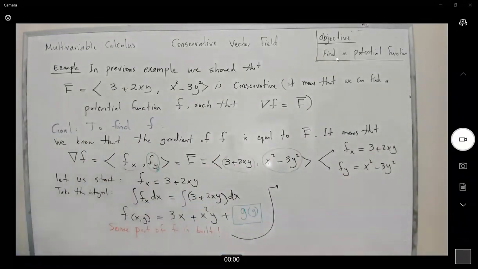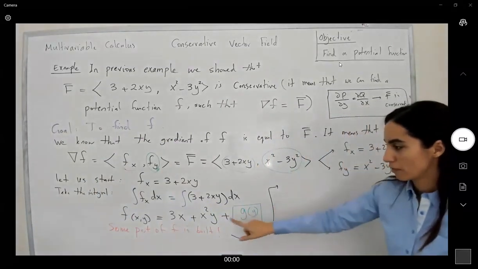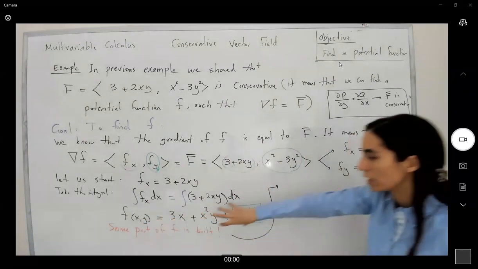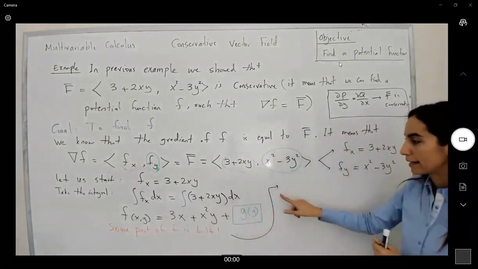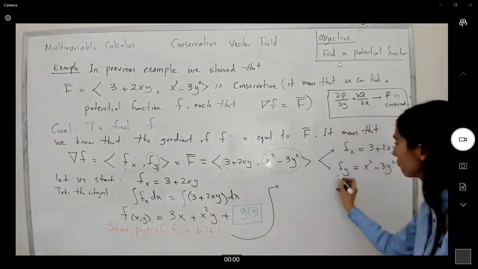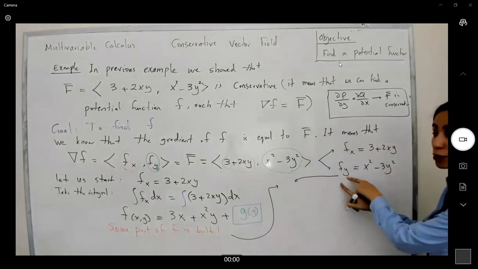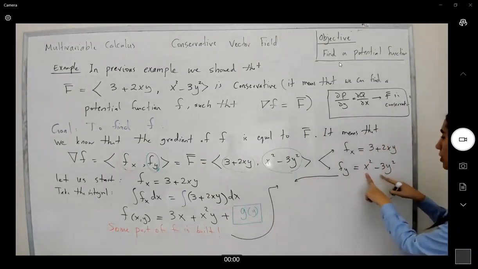Here you have f(x, y) equal to this definition, whatever it is. And at the same time, you know that if you take the partial derivative of f with respect to y, it must be equal to x squared minus 3y squared.